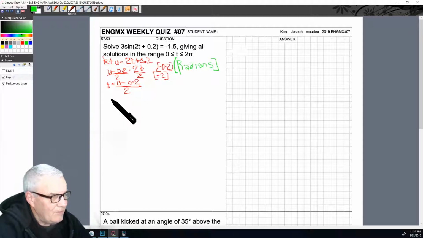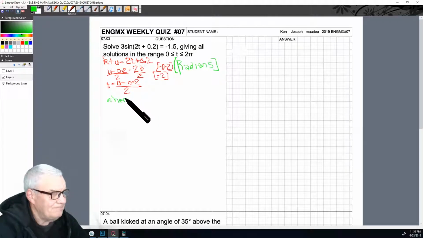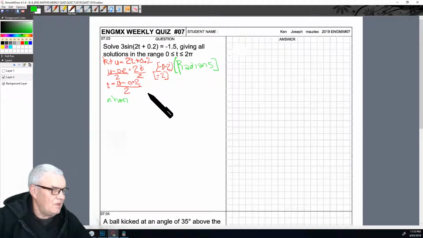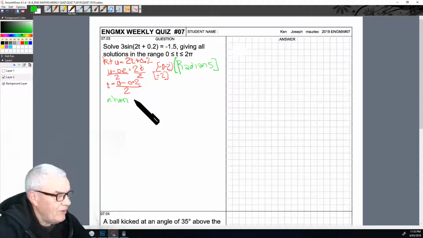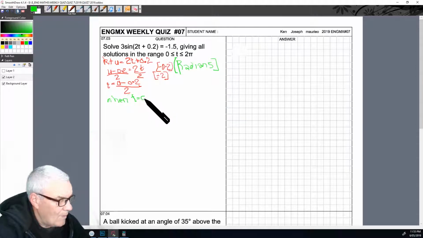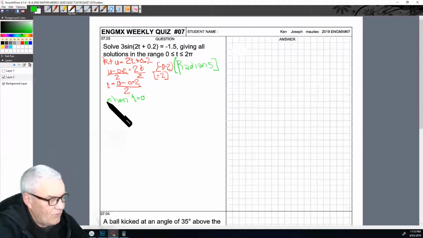So let's say when t equals 0, okay, so we'll just have a look there.